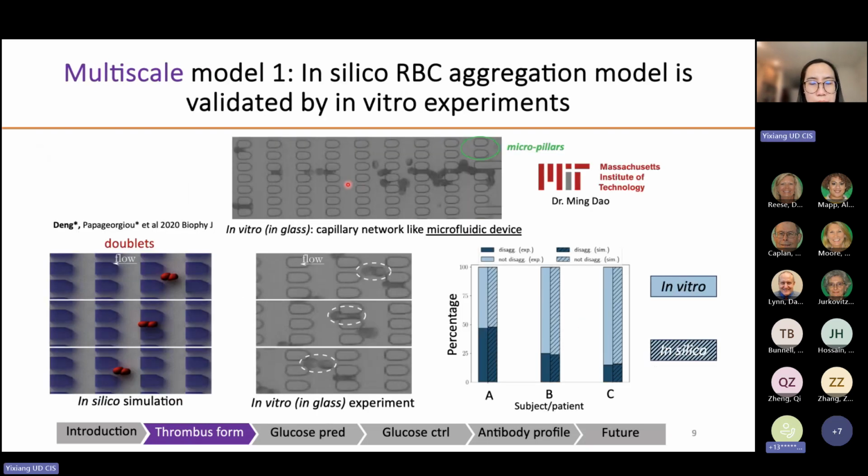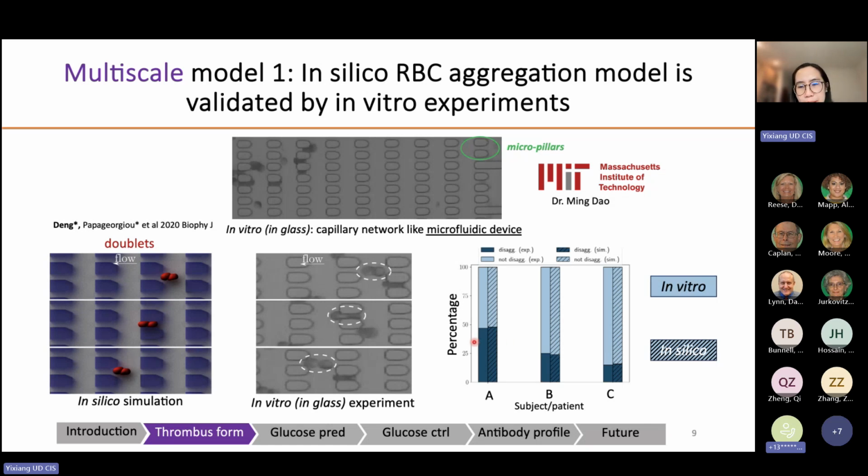And to validate our in silico model, we compare the results of this in silico model simulation with the in vitro experiments done by our collaborator at MIT. We can find that qualitatively at the doublet level, we can see a good pattern of cells passing through the slits of the microvasculature represented by the microfluidic devices.